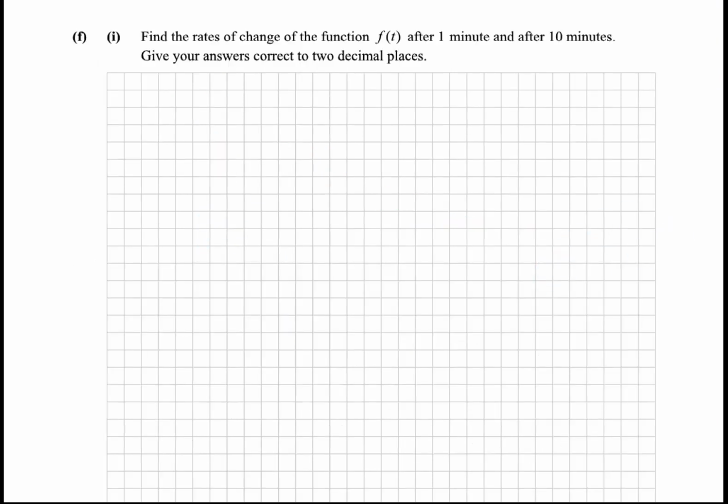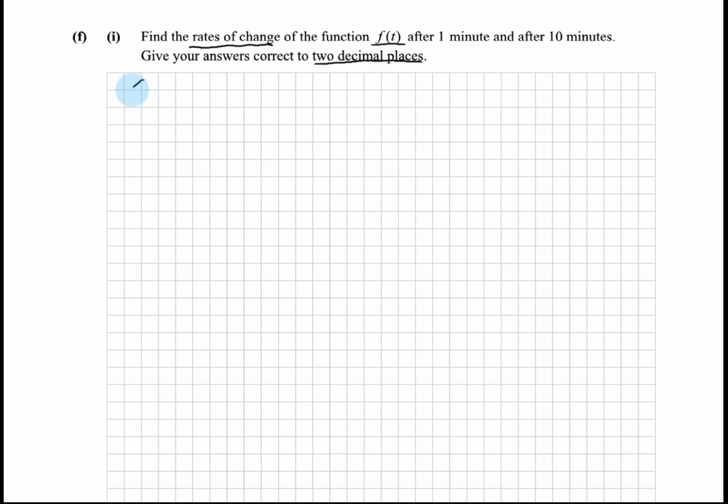Okay, so now moving on from that, what we're going to be looking at is these two questions. So again, we're still doing the 60 marker. We want to find the rates of change, so that's important, of the function f of t, so that was the original function, at 1 minute and after 10 minutes. So give your answer correct to 2 decimal places.